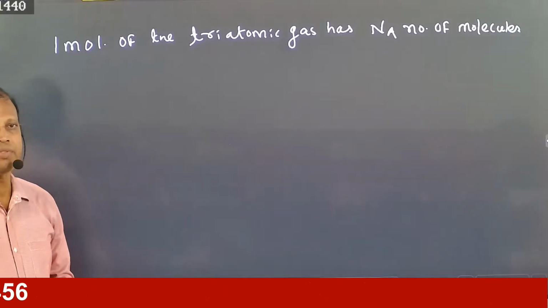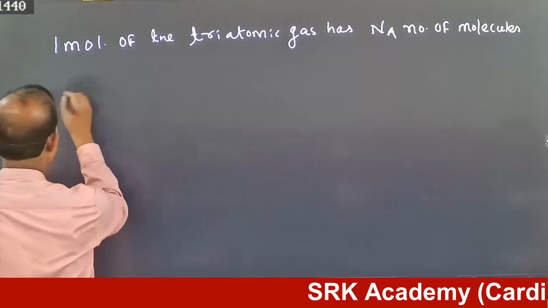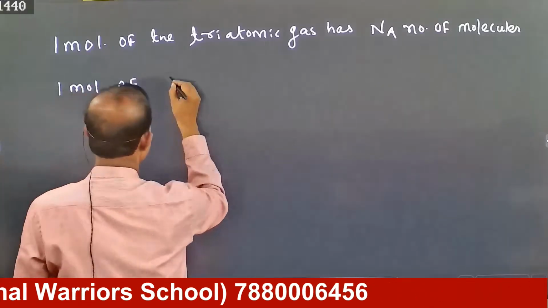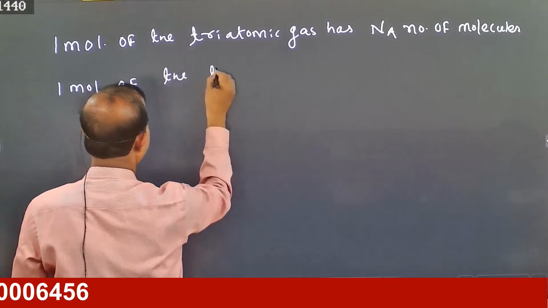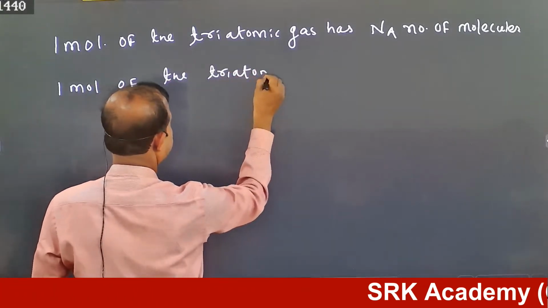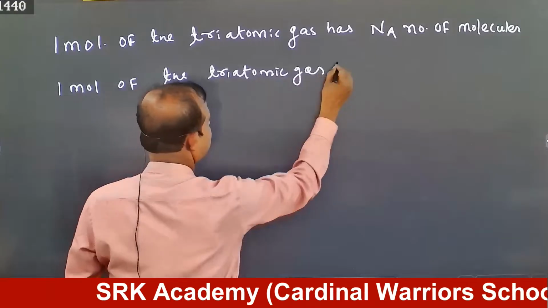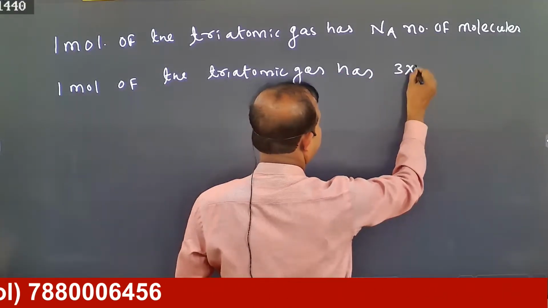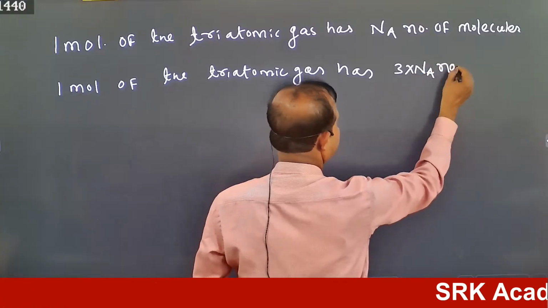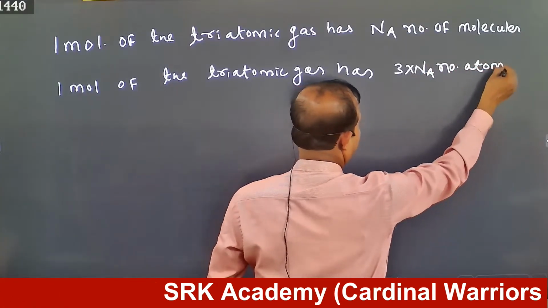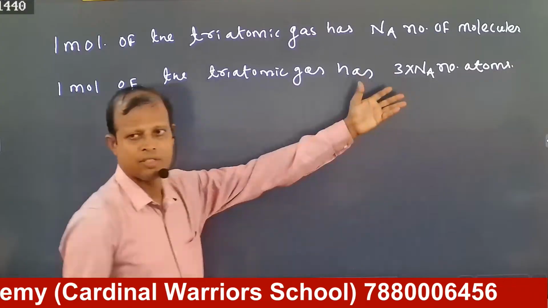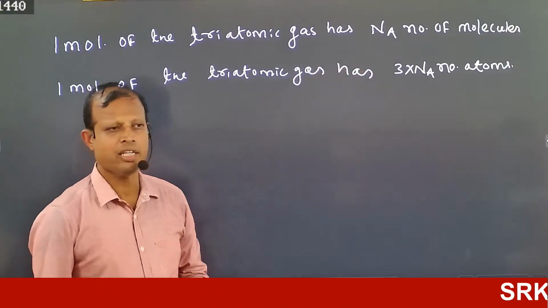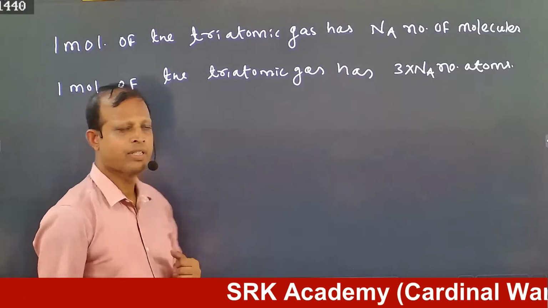So 1 mole of the triatomic gas has 3 into Na number of atoms. One molecule has 3 atoms, so Na number of molecules has 3 Na number of atoms. Agreed?